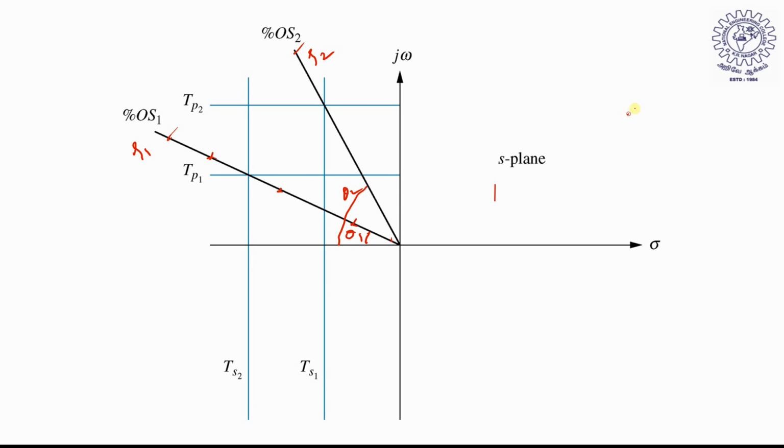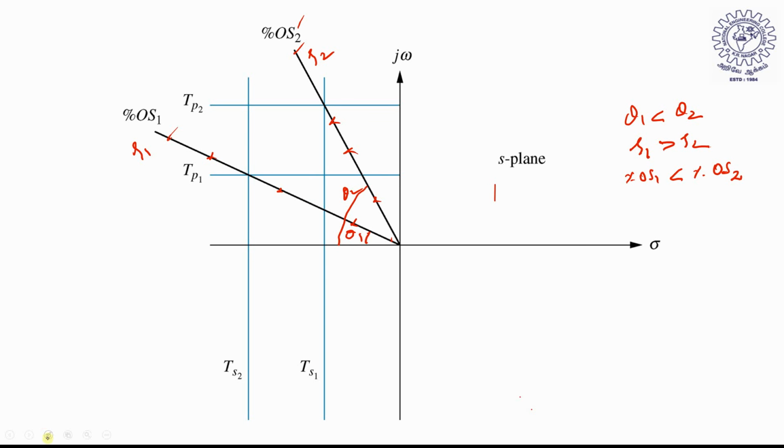Obviously theta 1 is less than theta 2, so zeta 1 is larger than zeta 2, so percentage overshoot 1 is less than percentage overshoot 2. That information we can obtain. So any pole lying on the same line always has the same overshoot.